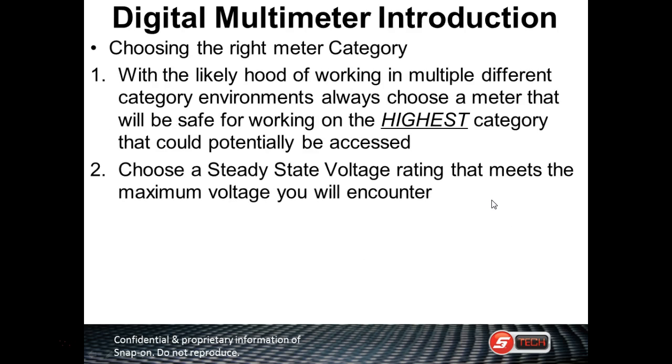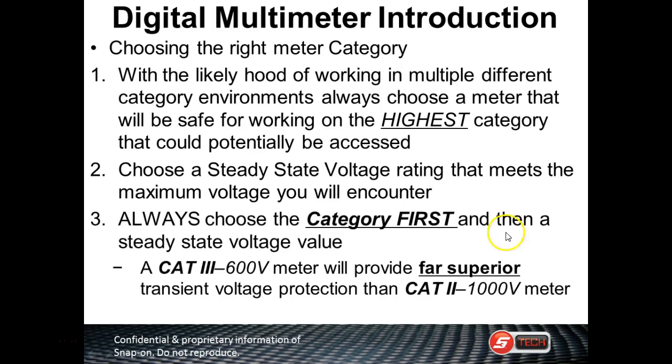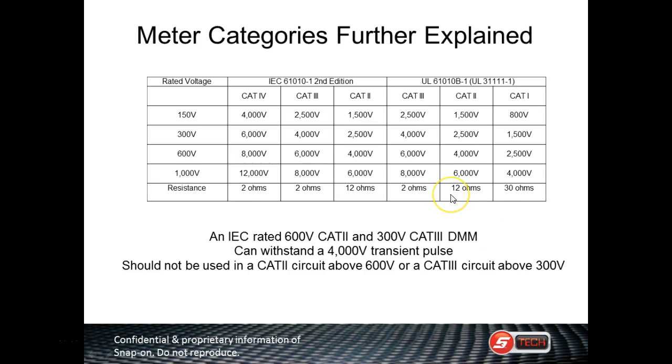And they're not the same. Some people think a Cat 3 meter rated at 1,000 volts would be better than a Cat 4 meter rated at 600 volts. So this is the chart, if y'all can read this, and this is the surge, guys. A Cat 4 meter rated at 150 volts can handle a surge of 4,000 volts, right?